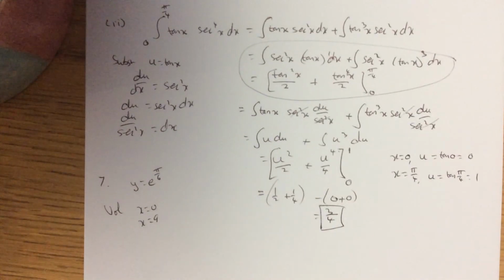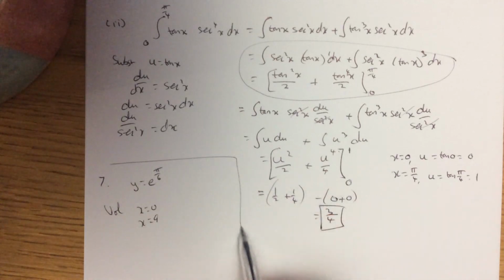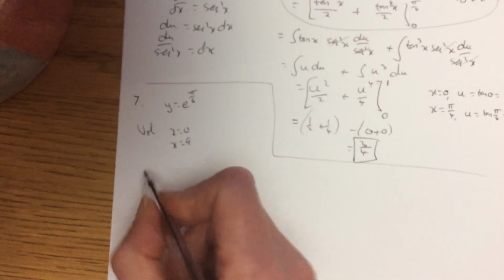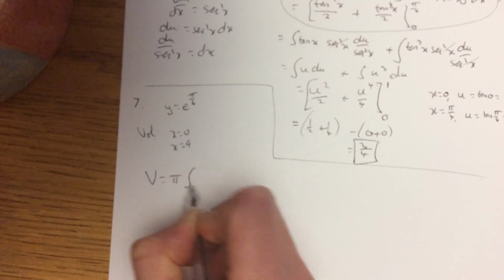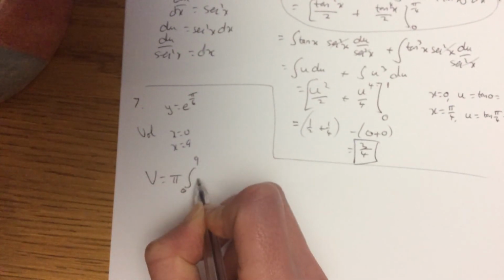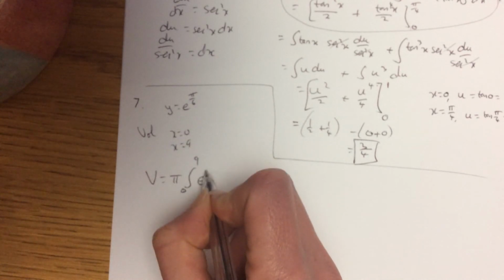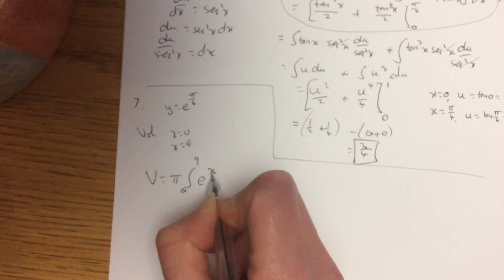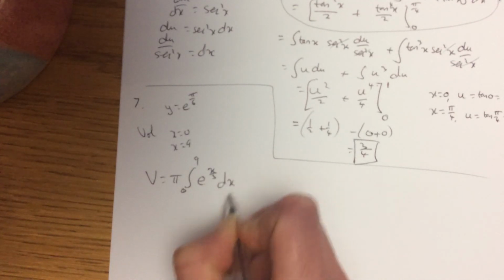Okay. Number 7 now we've got to do. A bit of space there. In number 7 we're looking for the volume. So if you remember the formula, it's pi, we're going between 0 and 9, and it's y squared. So it's e^(2x/3) dx.